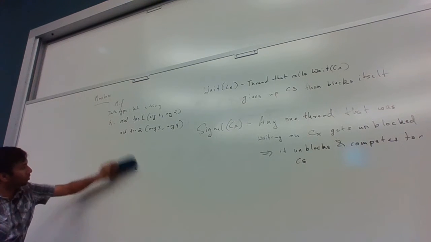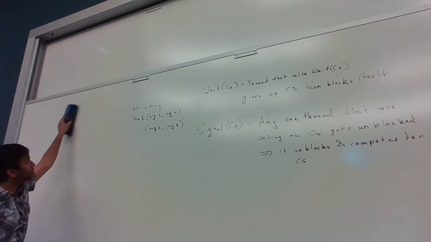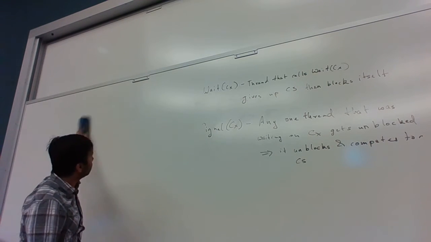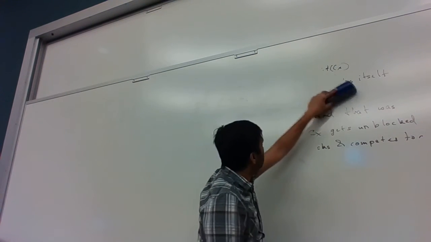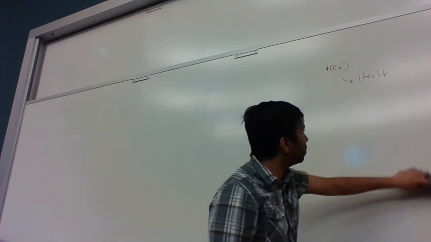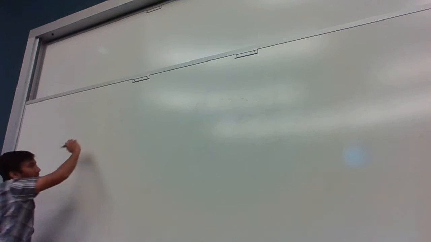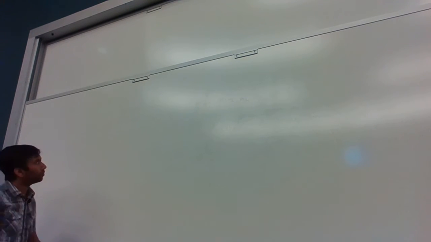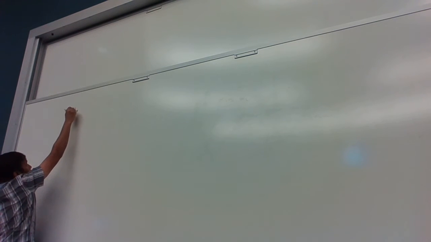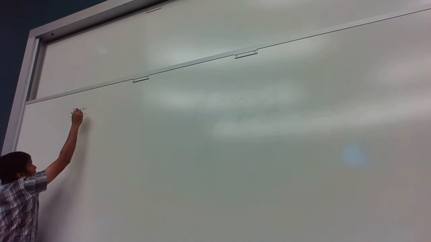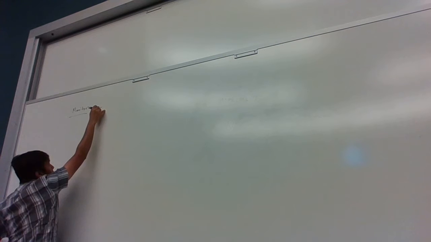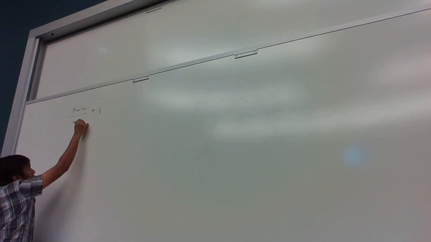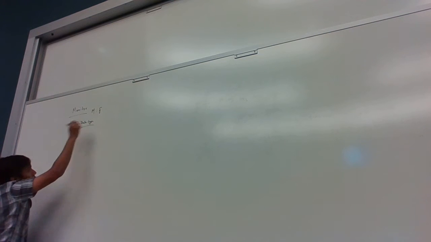So let's do producer and consumer with monitors. What will you have to do? You have to declare a monitor which solves the producer and consumer problem. Let's say monitor M. Now what will be the data types here?